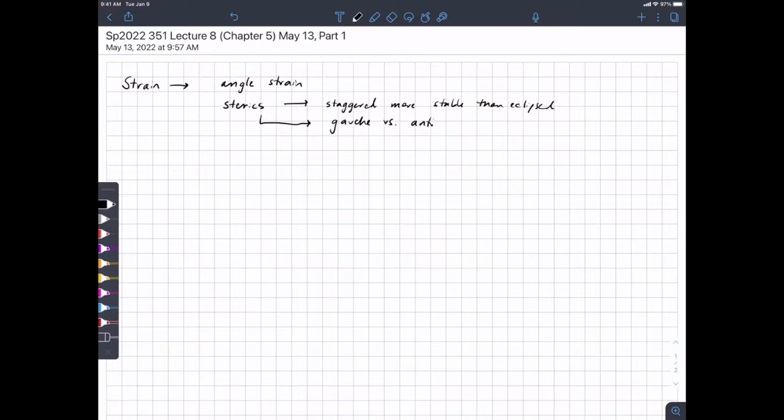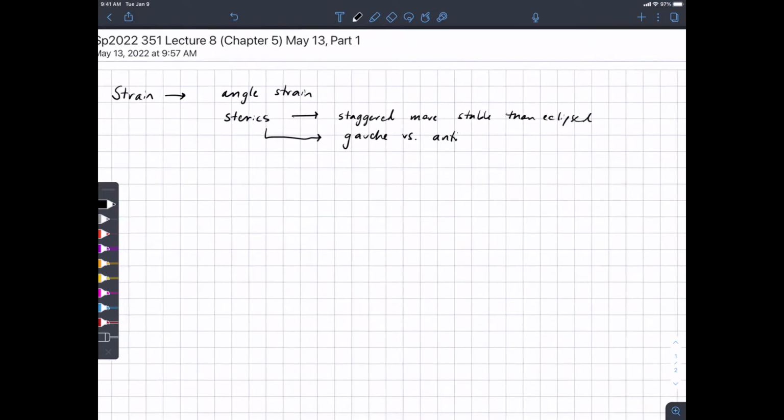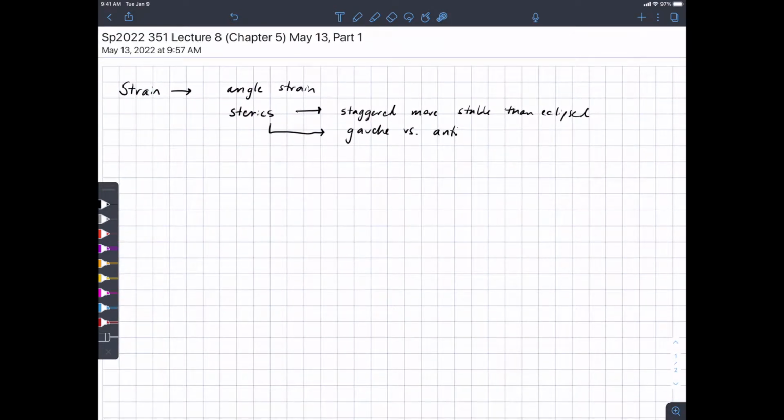All right, so I wanted to just address a question that's come up a couple of times. Your text refers to this concept of strain when talking about conformations of organic molecules.